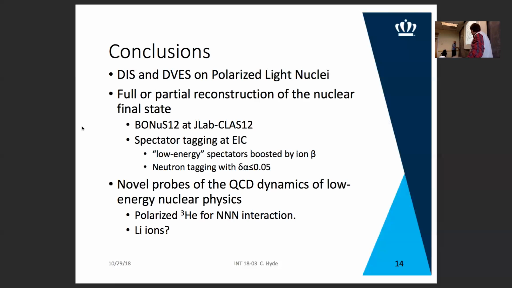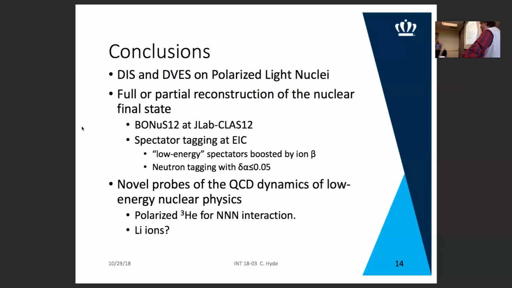Another important point. We will do some experiments on polarized lithium, at the very least the EMC type measurement, which was scoffed at decades ago. Now finally people are intelligent enough and liberal-minded enough to say, yeah, we should do that. We can do polarized lithium-7, probably no fundamental challenge at the EIC.